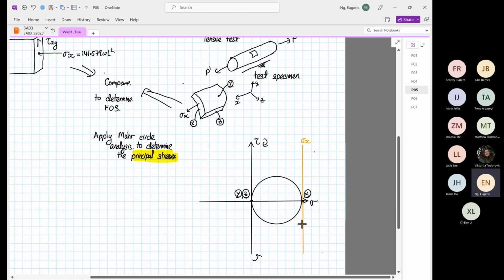So what you realize over here, 3D Mohr's circle can be represented by one circle for this case. Okay, so this is for uniaxial test.